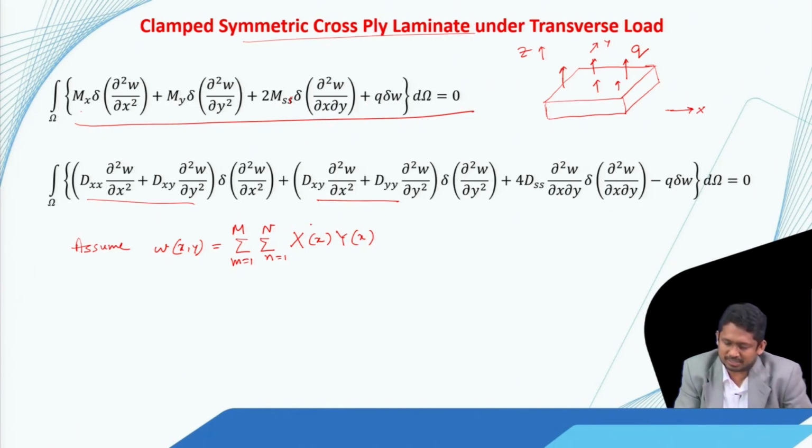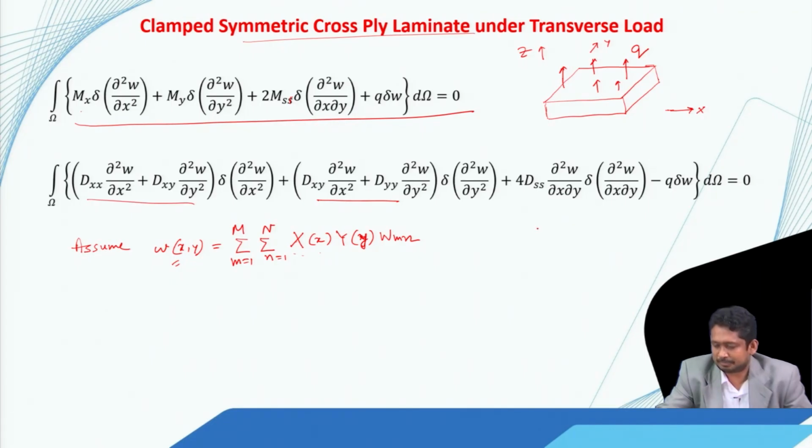So, we will choose a function of x and there are total M like that, and similarly choose a function of y and there are total N like that, and then we multiply them and make their combinations and we get total MN number of combinations, and their sum is weighted by these unknown constants w_mn, which is to be evaluated, and that gives us w.